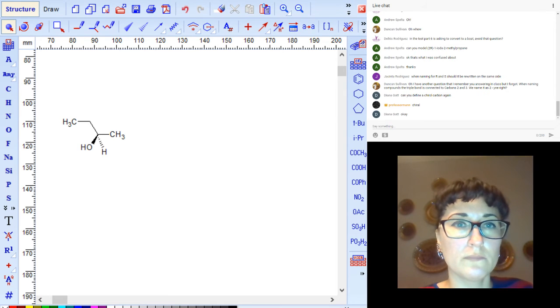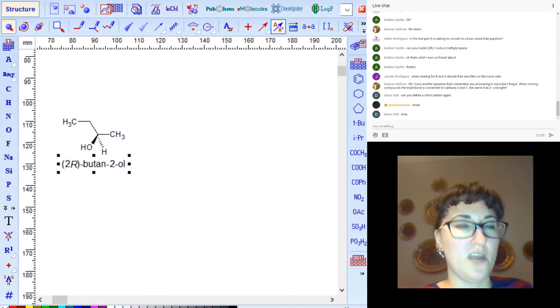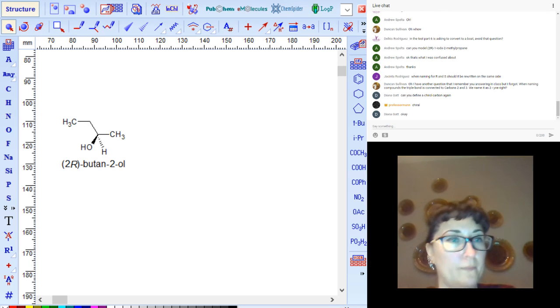There we go. So you always want to put down the number with the stereo designation, so whether it's R or S, you just stick it at the very beginning. I'm not sure if that's exactly what you meant. I don't know what you mean by rewritten on the same side. But that's where you would put it in that name.